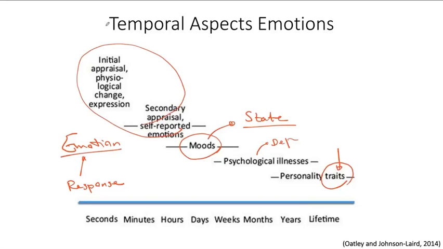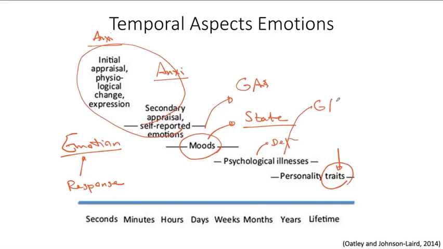Let's say being anxious. It could be being anxious in the first few seconds, remaining anxious for the next couple of minutes, being overall anxious over time, as in general anxiety. That is called the anxious mood.